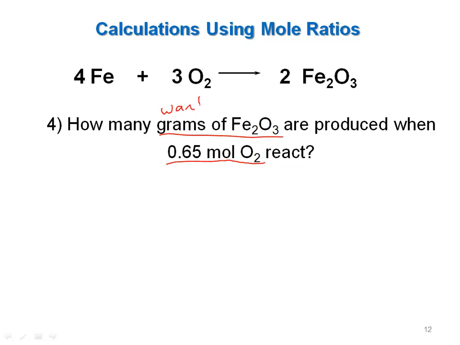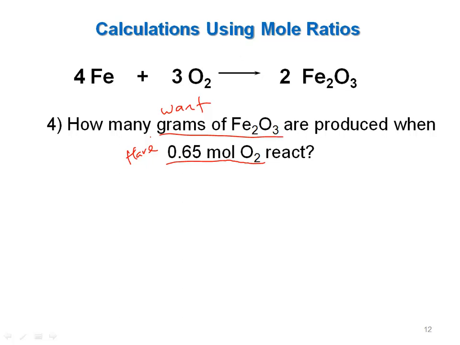So this is a little bit different. You have moles and you want to find grams, but you have moles of O2. Any ideas on what you would do to get this? Okay, use the mole ratio. And then once you have the moles of Fe2O3, how do you get it into grams?